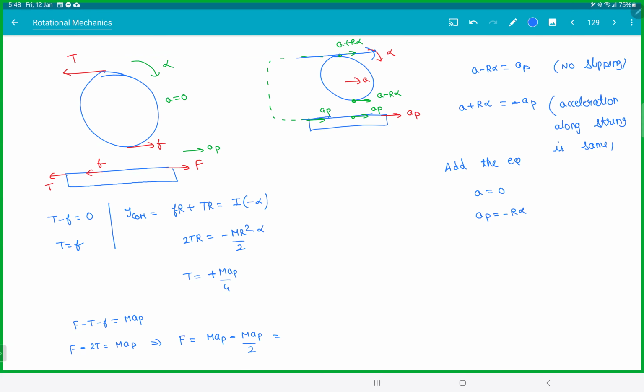Sorry, this is plus actually, because R alpha is minus AP. So this is M AP here, 3 M AP by 2. So the acceleration of the plank is 2F by 3M. Check. Once you get AP, you'll get R alpha, everything. Just a matter of equations.